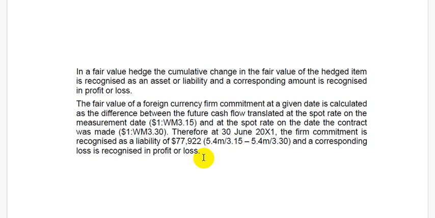At the reporting date it gives us 1.71 rounded off. So this results in a fair value loss of $77,922, which is recognized to profit and loss.